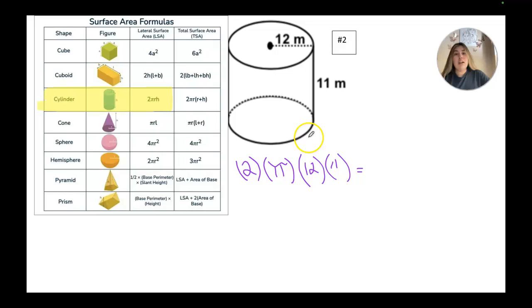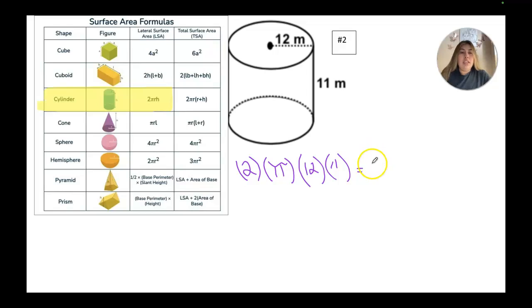So we just plug the numbers that we have for our radius and our height into the formula that is provided for us. We get our calculator and do 2 times 12 times 11, giving us a grand total of 264.